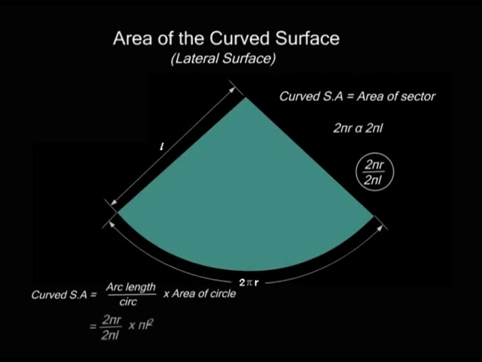That is 2 pi r over 2 pi l times pi r squared, and that gives us pi rl. And so the curved or lateral surface area of a cone is given by surface area is equal to pi rl.